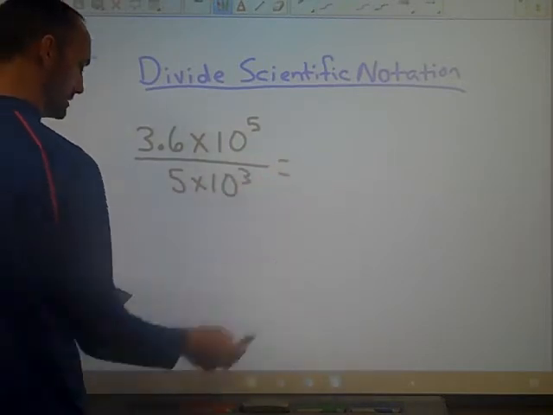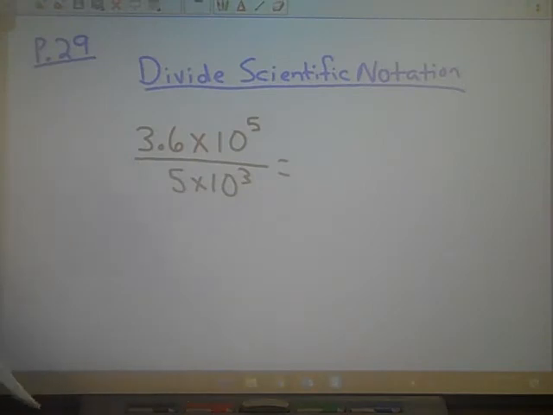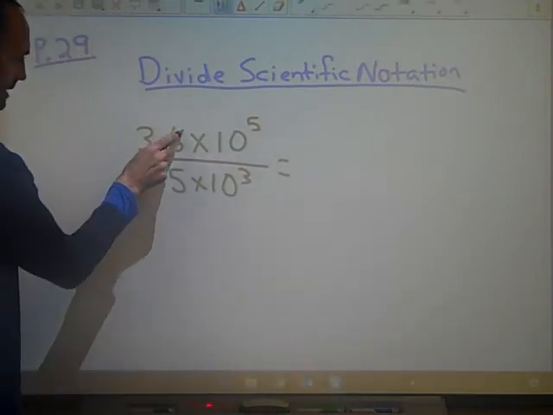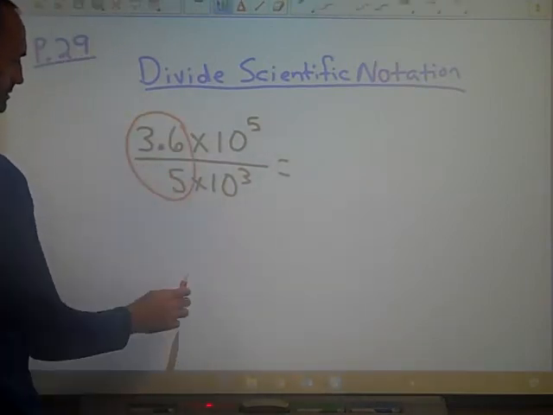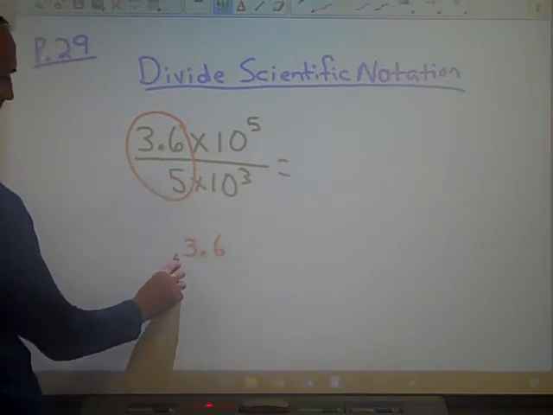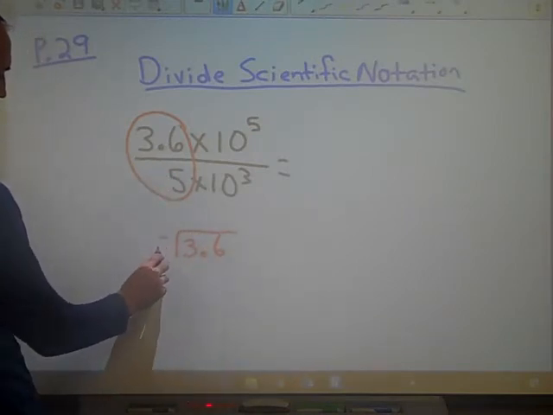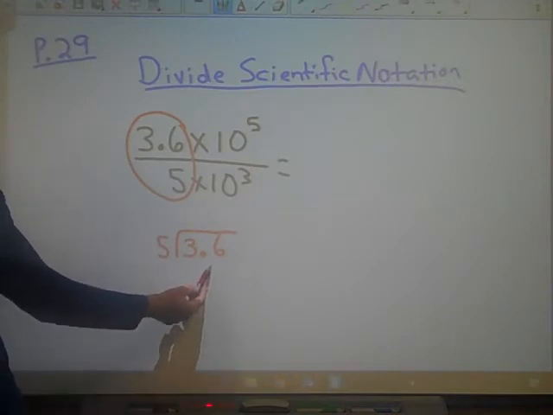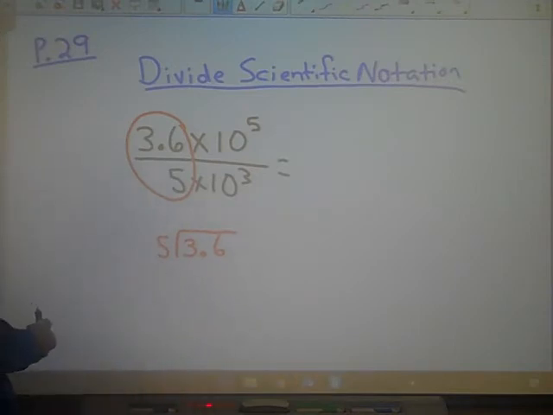And what does that equal? 3 and 6/10 times 10 to the 5th divided by 5 times 10 to the 3rd. So again, we start with 3.6 divided by 5, our dividend and our divisor.